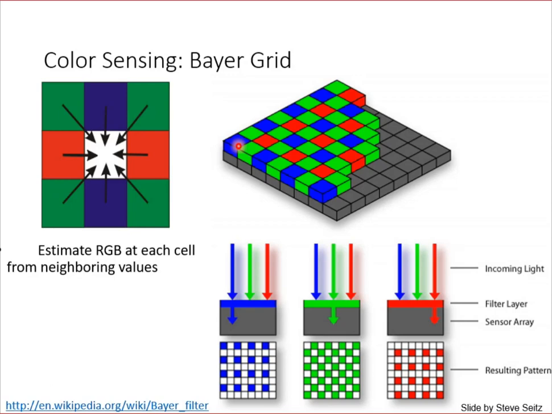So they designed the pattern to allow the semiconductor sensor part to have the most light input, and therefore reduce the noise for the other two channels, the red and the blue. So this is the result. You see most pixels are the green ones, and the blue and the reds are the remaining.